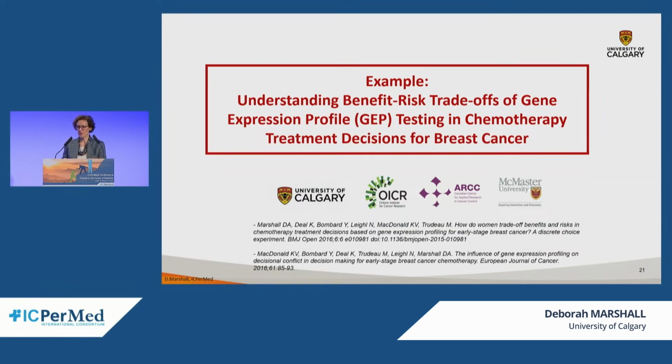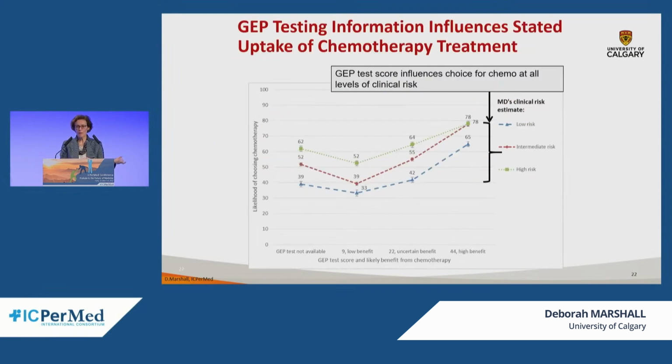It was a discrete choice experiment looking at side effects, both permanent and short-term, and then looking at the physician's assessment of risk and the gene expression profiling assessment of risk. And people were asked to trade this off.